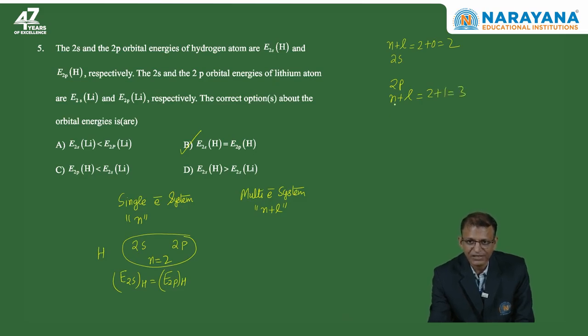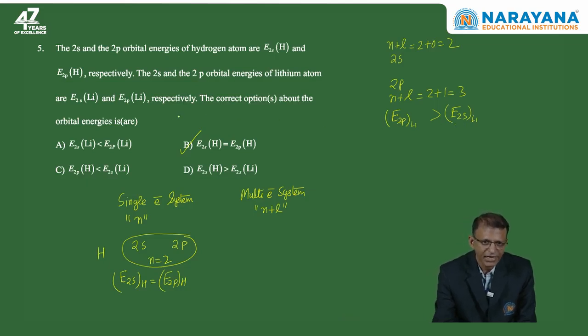So obviously the energy of the 2p orbital is greater than the energy of the 2s orbital in a multi-electron system like lithium. So the energy of 2p in lithium is greater than the energy of 2s, right? So in the options, option A, energy of 2s for lithium is less than energy of 2p for lithium, will be correct.